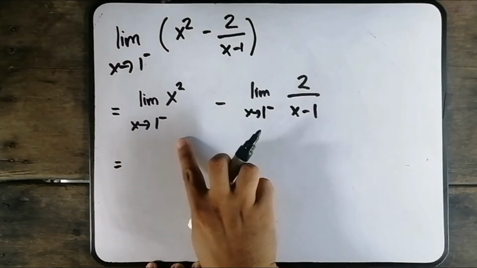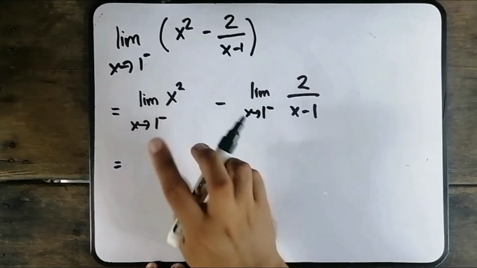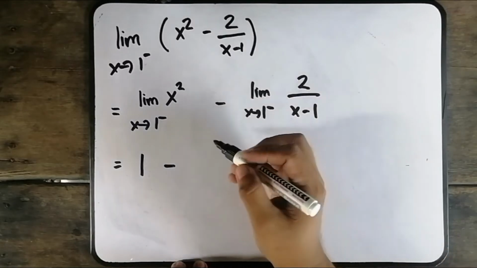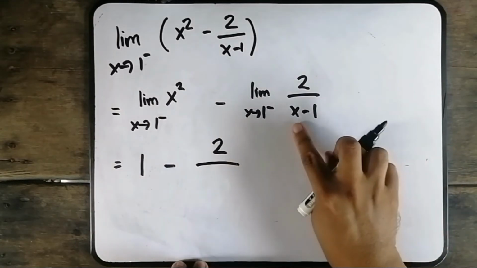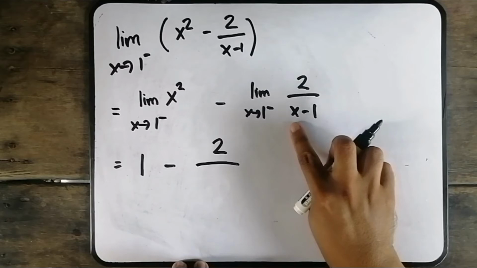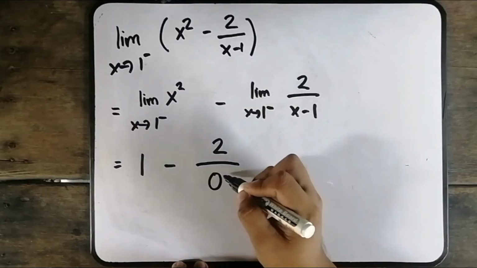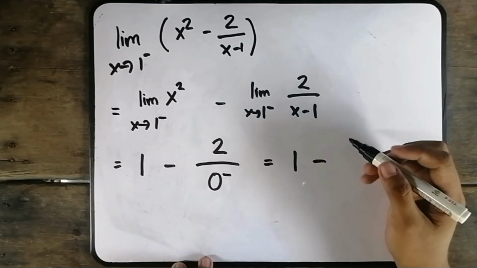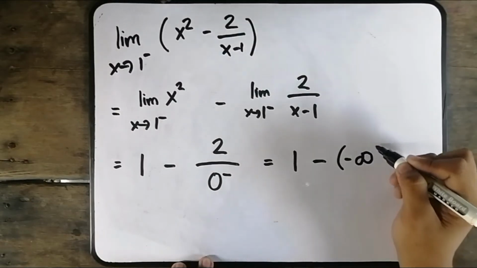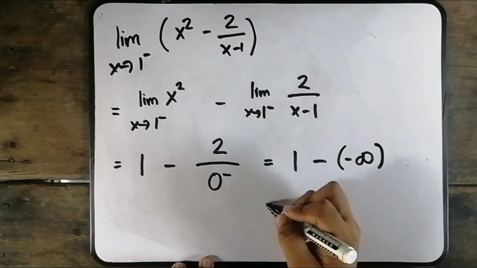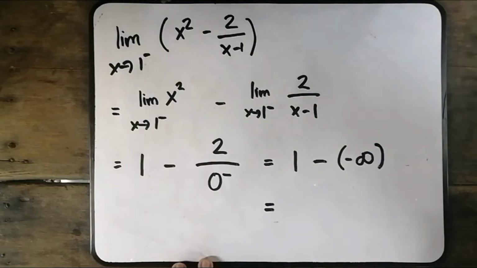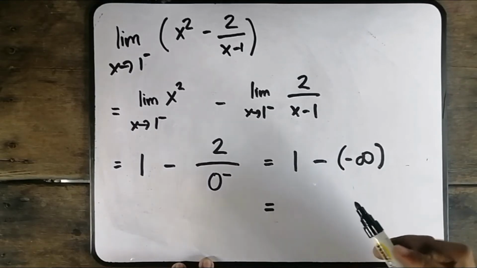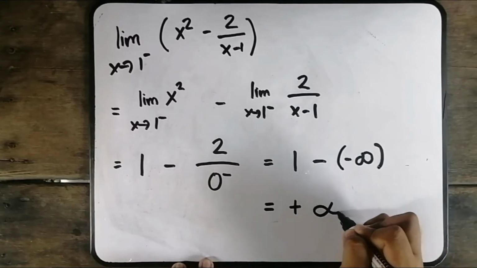So by substitution, this is now equal to 1 squared, so that is just equal to 1, minus the limit of 2 over, so from the left of 1 we have 0 negative. So that is now 1 minus negative infinity. Then by our previous theorem, 1 minus negative infinity is positive infinity.